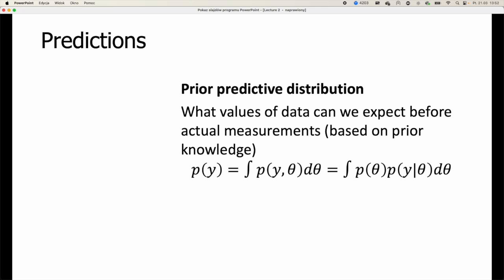The second thing is that sometimes a prior is good by its general implication, and can be used to plan the experiment. Because if you construct a prior predictive distribution, you can see what kind of data will be needed for you to get the kind of information that you want.